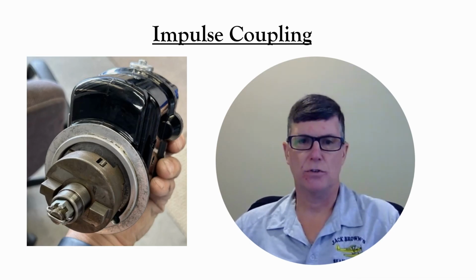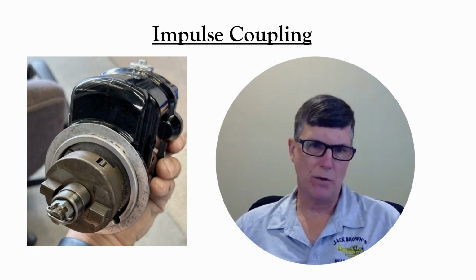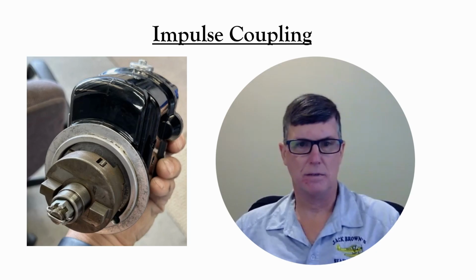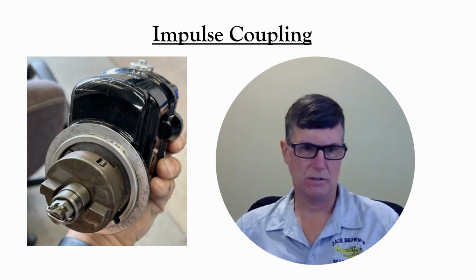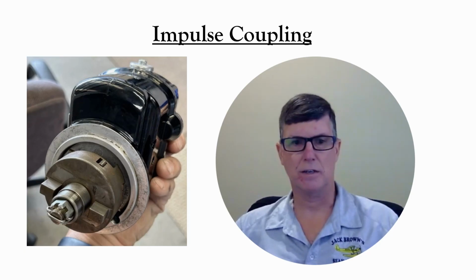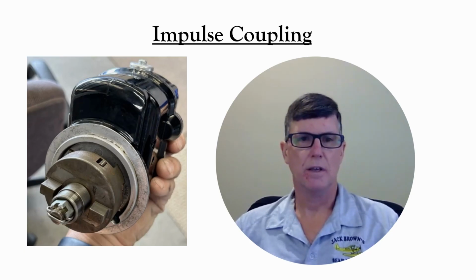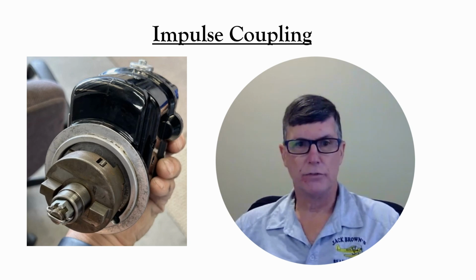Once the engine is turning fast enough to work without that, there are some flyweights inside the impulse coupling that disable its function, and it gets driven directly from the crankshaft. Many engines have an impulse coupling on only one of the two magnetos.